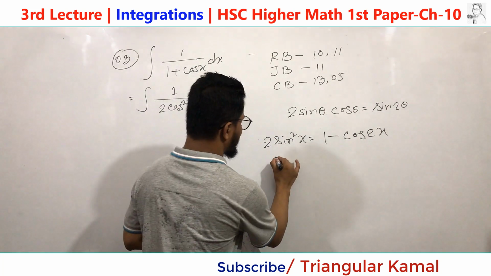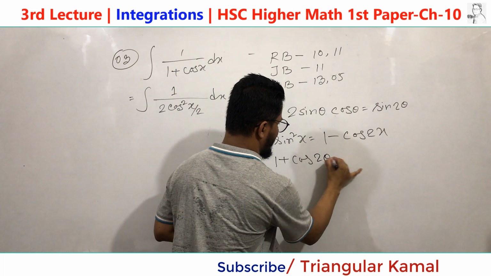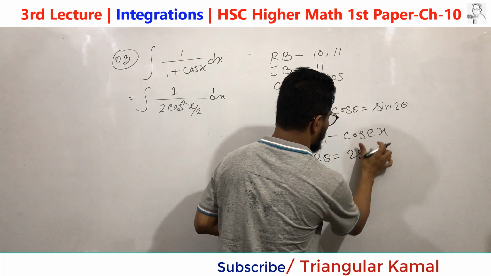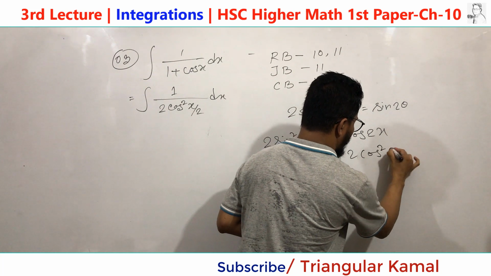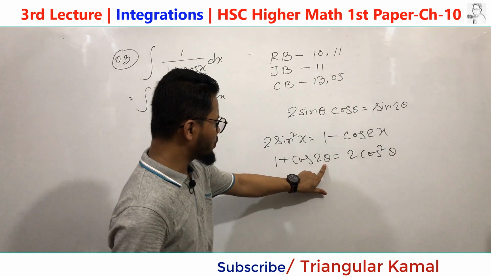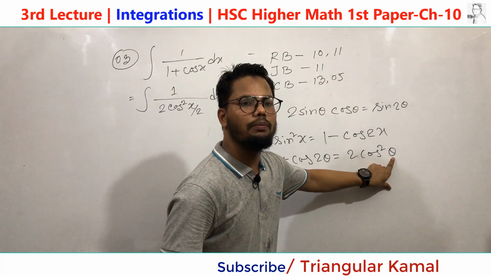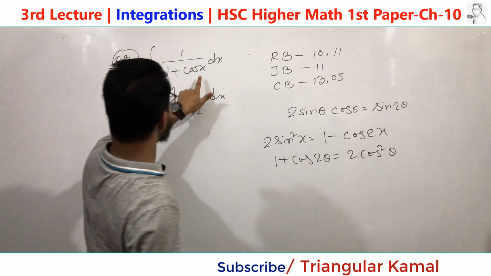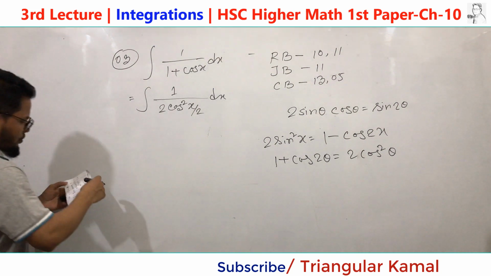Like this one, 1 plus cos twice theta equal to 2 cos square theta. When we see here 2 theta, in terms of square, this one is reduced with the half. So we see here only x, this half will be x by 2.